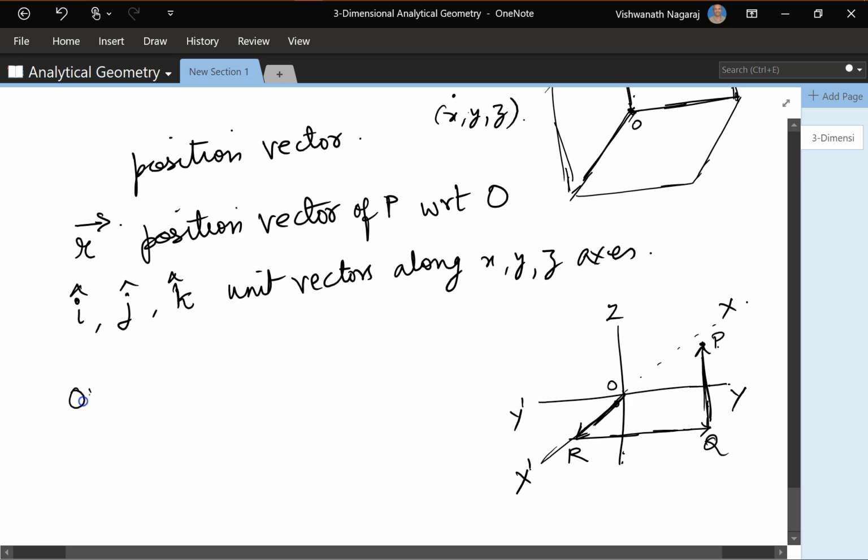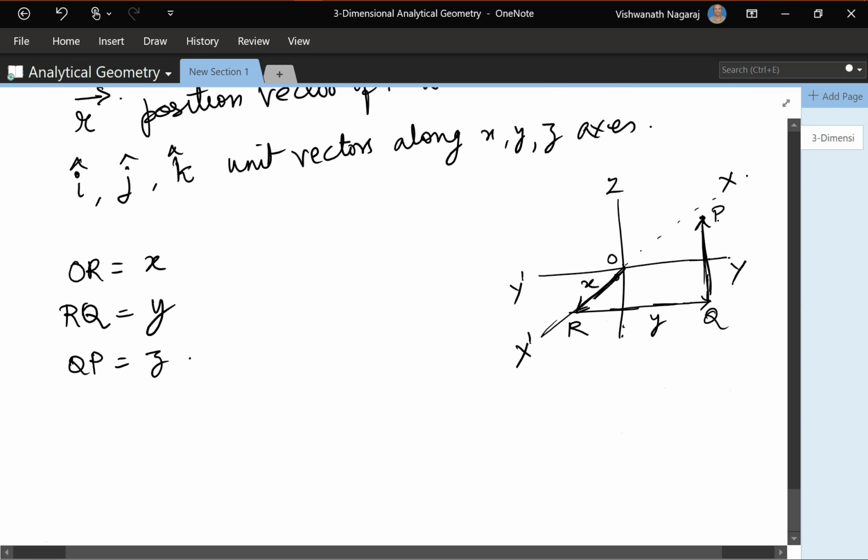Now OR is equal to x. RQ is y, and QP is equal to z. Now if we have to convert it into vector form, what do we do? We say OR is equal to x in the direction of the unit vector i. Okay.